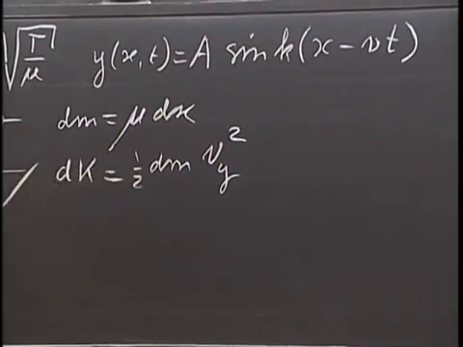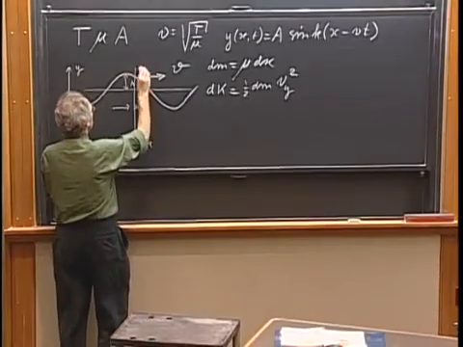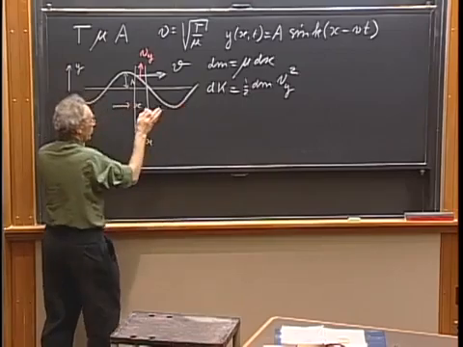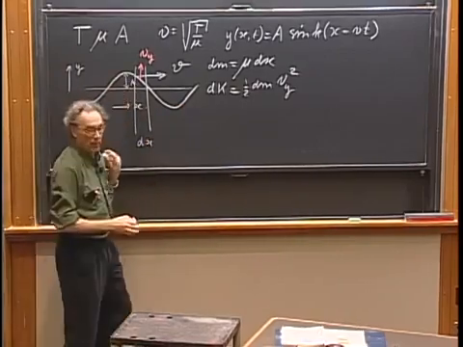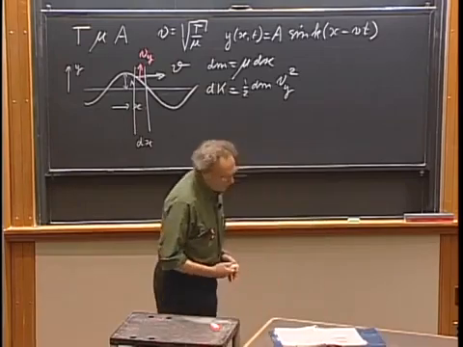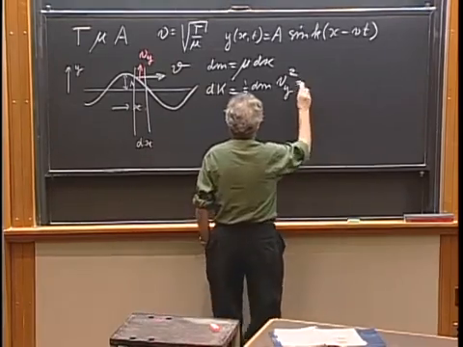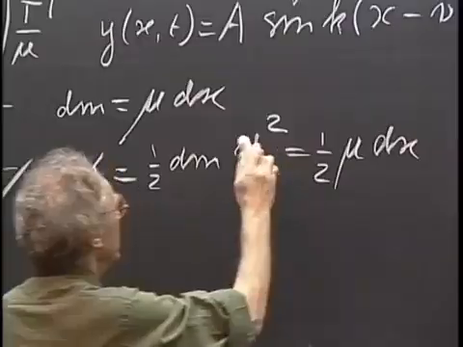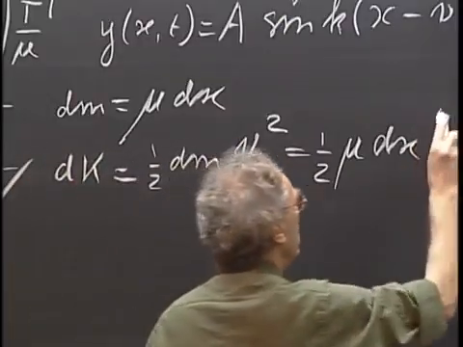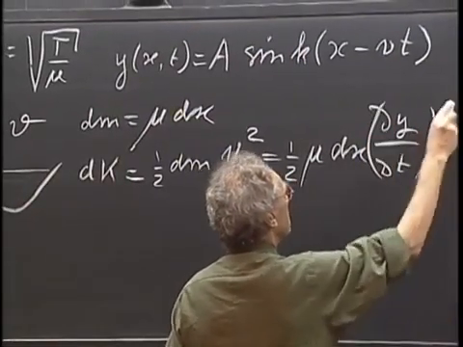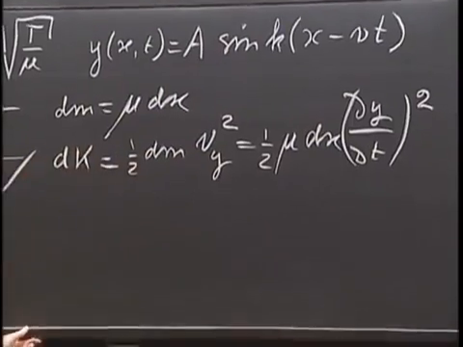If the wave is traveling in this direction, this material here is going up. A little later it will be more to the right, and so this is going up at this moment in time. So I can write for this 1/2 times mu times dx, and for v_y I can write (dy/dt) squared. And so the question now is, what is dy/dt?